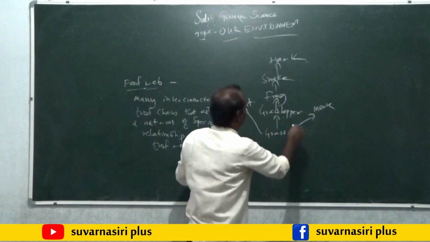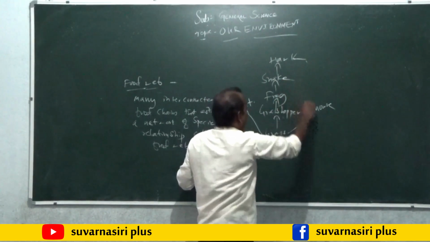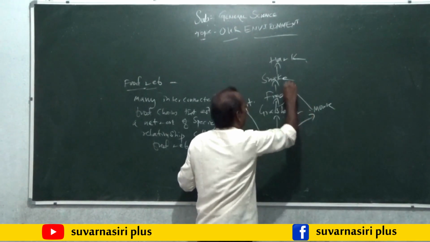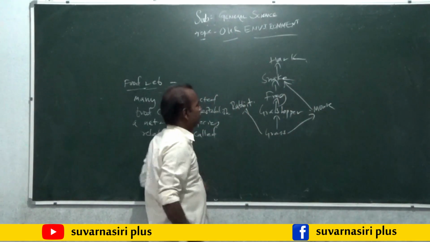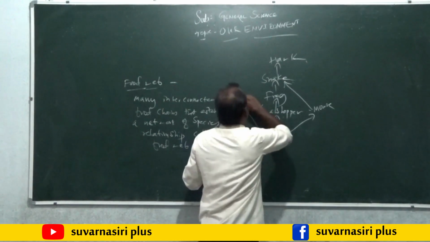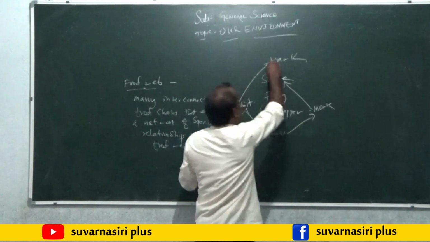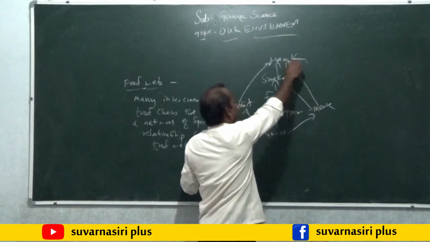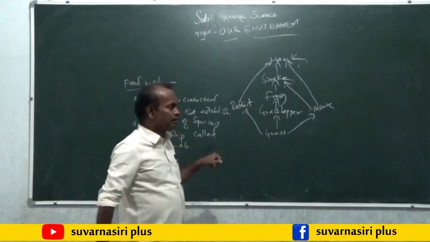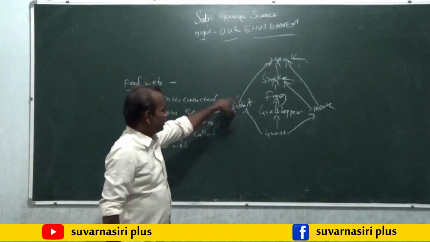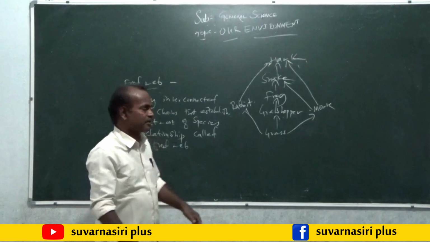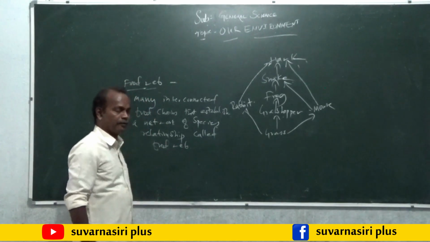The mouse will be eaten by the snake. Snake will eat the mouse, and the rabbit can be directly eaten by the hawk, and the mouse is also directly eaten by the hawk. So that shows the network of species relationship between the organisms. Hence it is known as a food web.